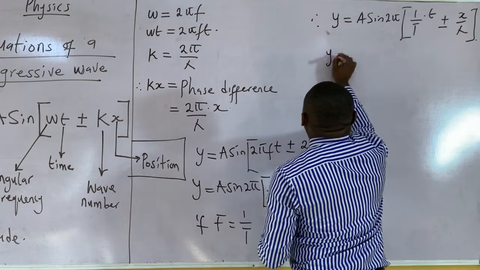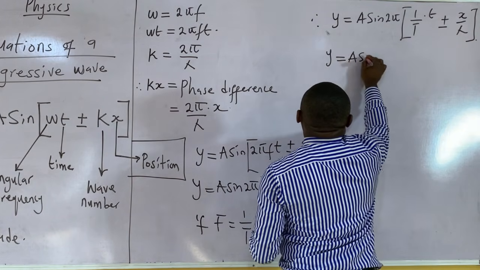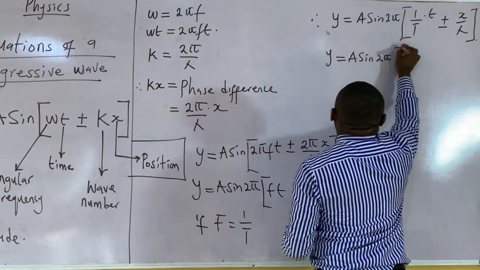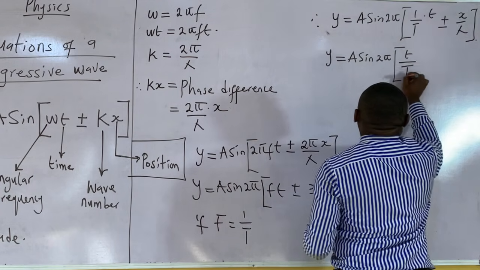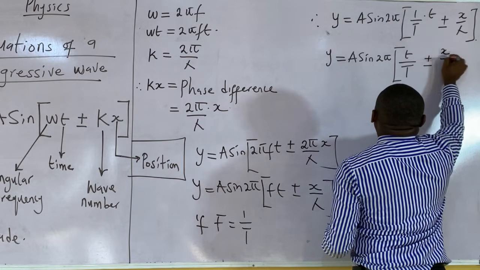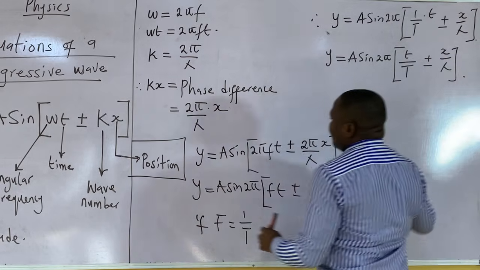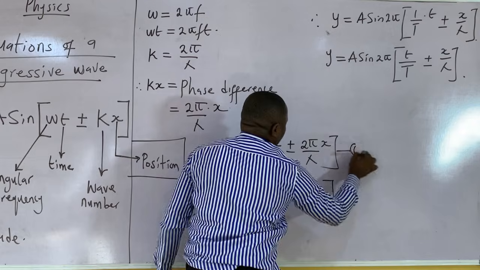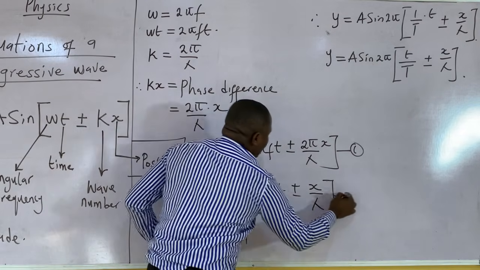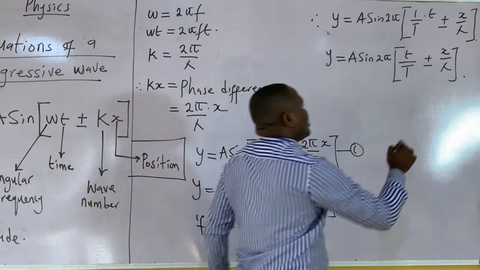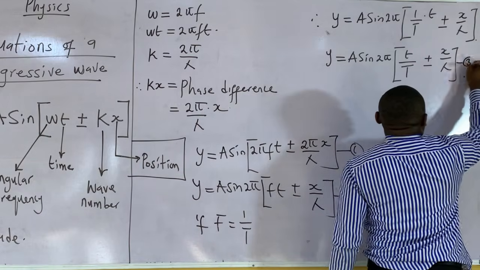So our formula will now be y is equal to A sine 2π open bracket t over T plus or minus x over λ. Now if I am giving this as my equation 1, I'll give this as my equation 2. Then it means I'm giving this as my equation 3.